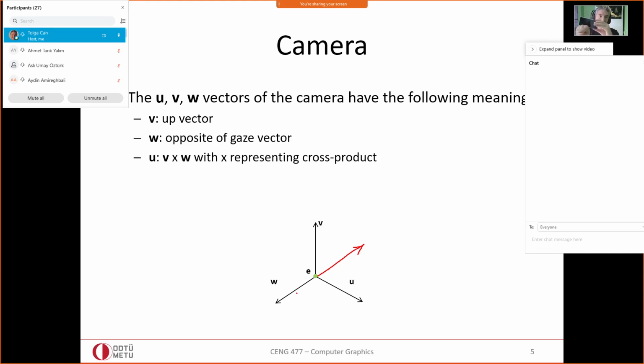So gaze is the looking direction of your camera, okay? By convention, it's the minus z axis of your local coordinate system, or the minus w vector here. And u is the positive x-axis of the camera, v is the positive y-axis of the camera coordinate system, and they're all orthogonal to each other. So there are 90 degrees between each of these three vectors.